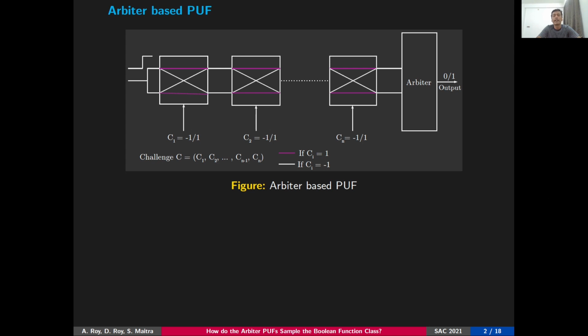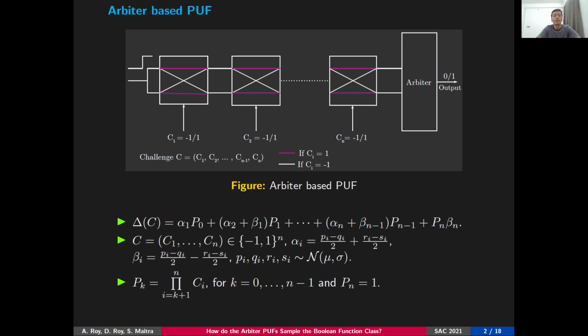When the signal reaches stage n, the arbiter measures the delay difference between the top path and bottom path, and depending upon its sign, it either outputs 0 or 1. The delay difference corresponding to the input C can be expressed by this formula, where delta C is the delay difference, alpha i, beta i are related to the delay parameters, and pi are related to the challenge input.